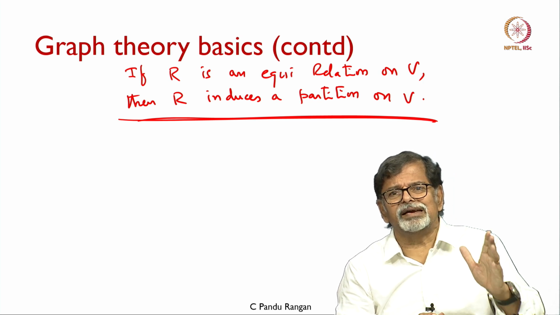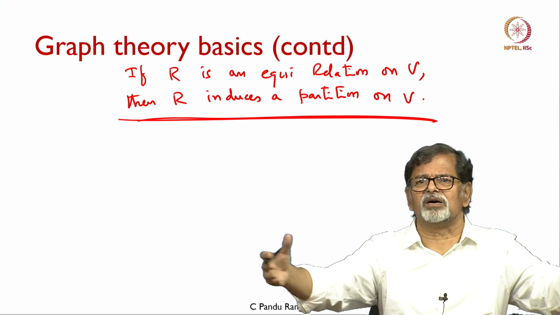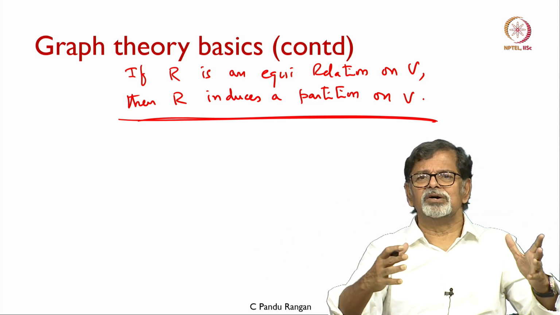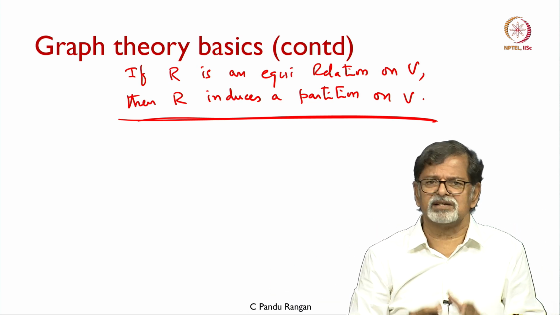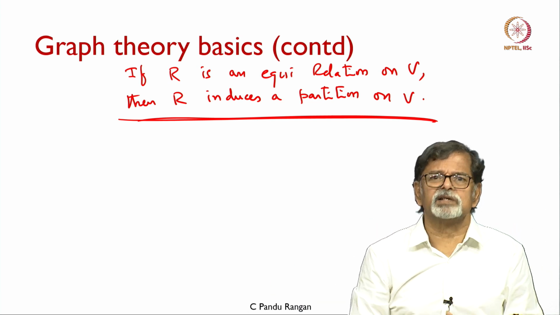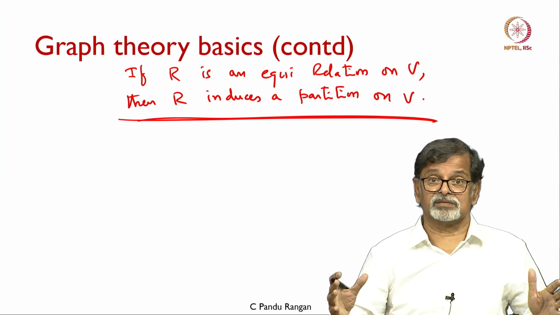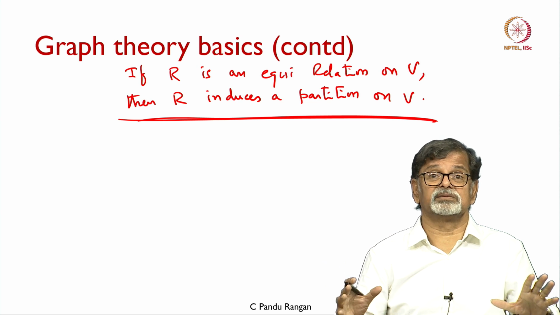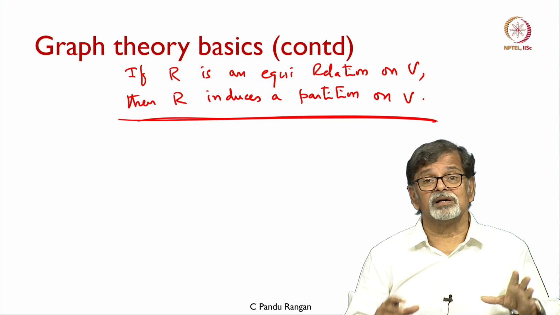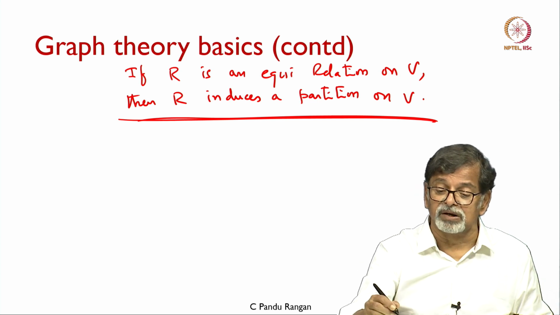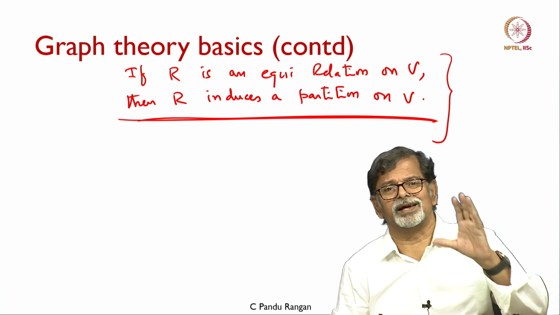Partition is a way to split a set into disjoint sets. It is like a partitioning of a room. You split the room into disjoint, non-overlapping areas, that is partitioning. Same with a set: splitting a set into several sets, but they are all disjoint. We will see the formal definition of partition next, but every equivalence relation is going to induce a partition on V, a basic result.